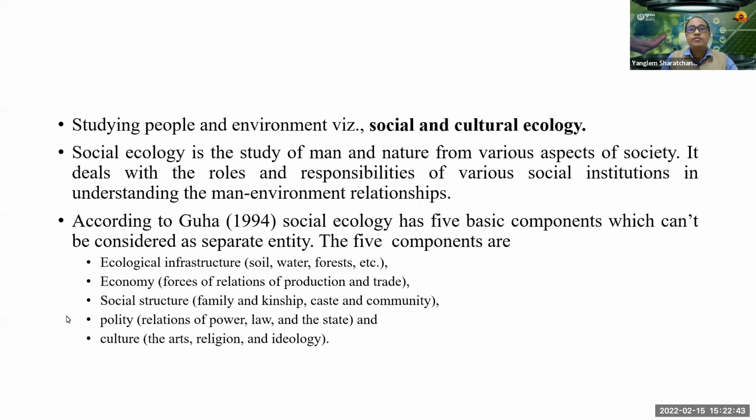Those are the ecological infrastructure, that is soil, water, forest, and so on; then the economic infrastructure, that is the forces and relations of production and trade; the social structure, your family, kinship, caste, and community; polity, meaning relations of power, law, and the state; and last, culture, which is very important.